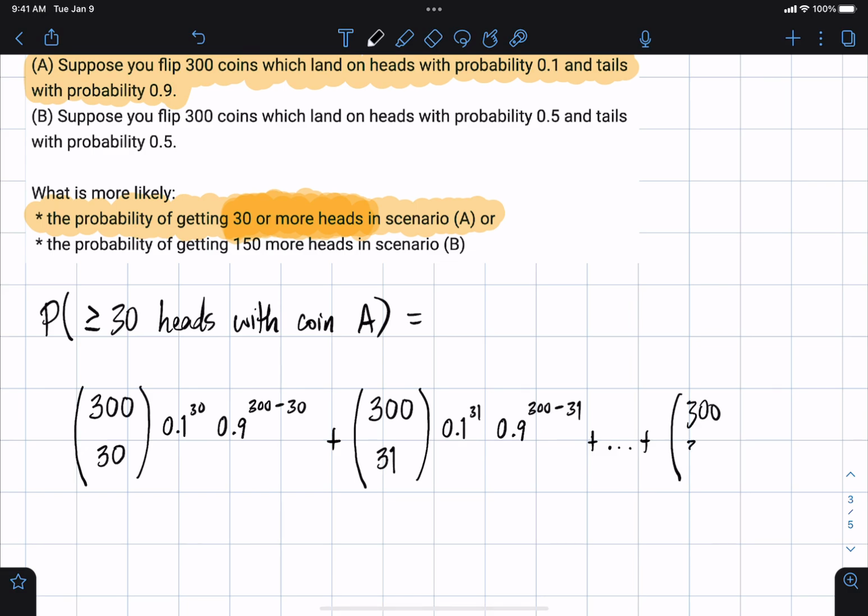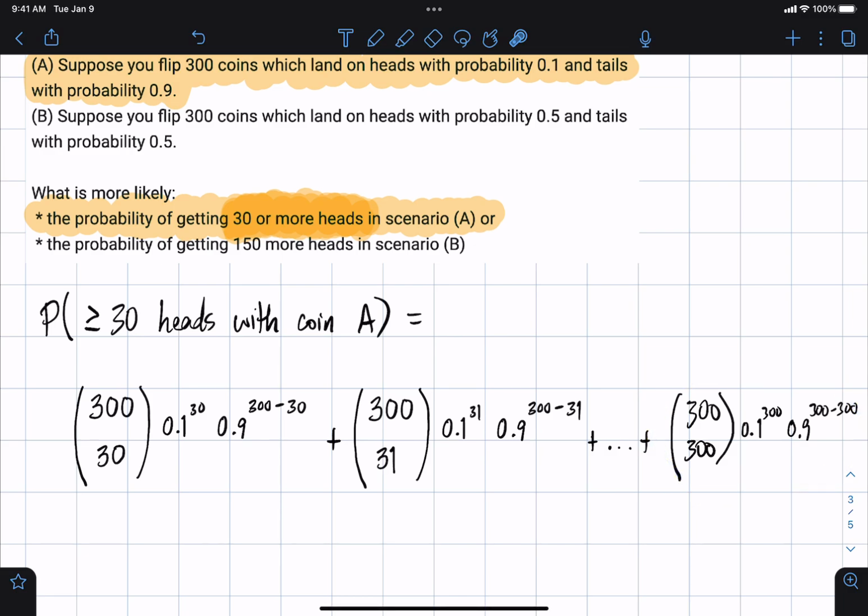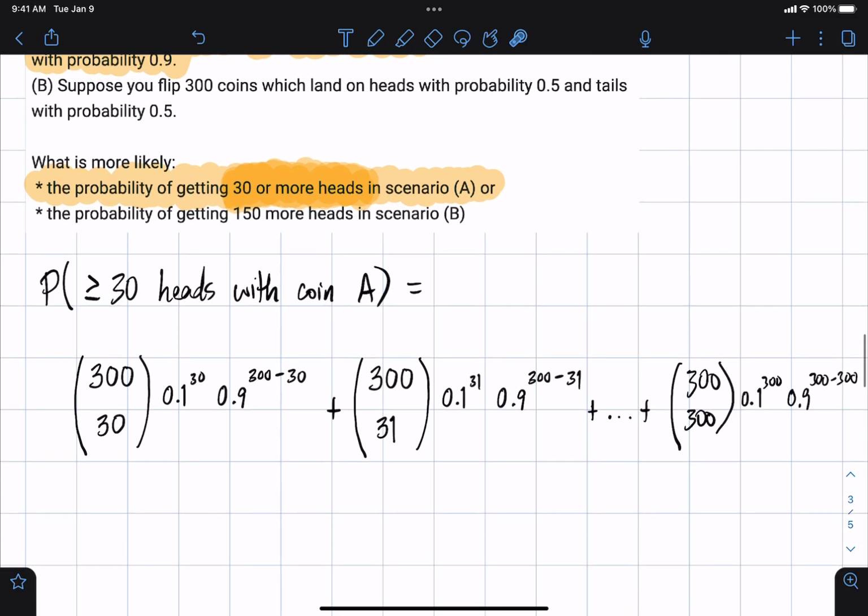That's going to be 300 choose 300, which that binomial coefficient equals 1, and then 0.1 to the power of 300, which is basically 0, times 0.9 to the 300 minus 300. This is astonishingly small; there's basically no world in which we get all heads here. Now I want to put this into R and figure out the probability of getting greater than or equal to 30 heads.